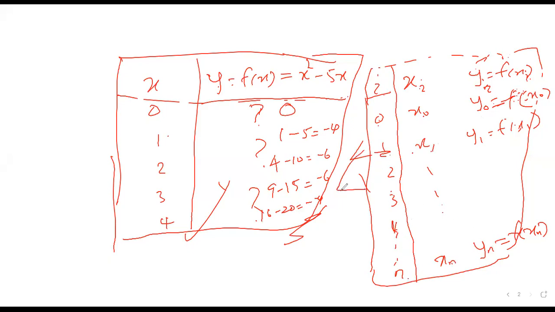So we have some finite points. I will take it to the next window. This is my x's: x naught, x1, x2, up to xn. According to that, I'll have some yi: y naught, y1, y2, up to yn.